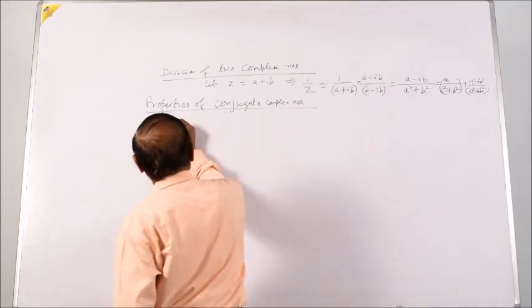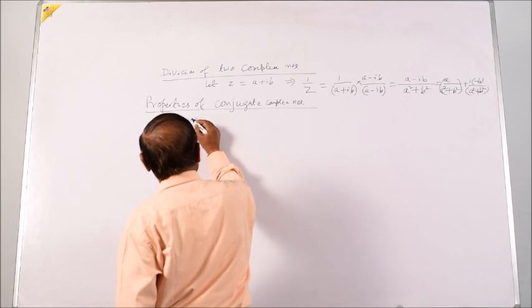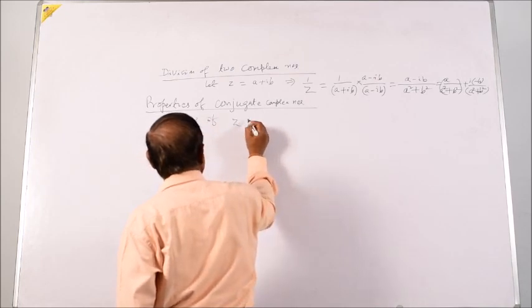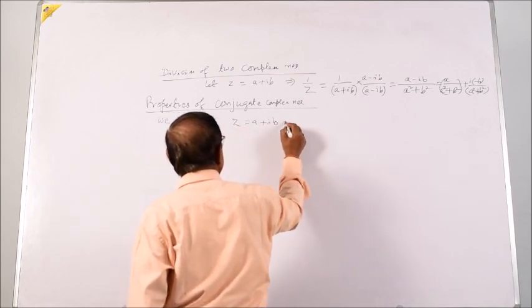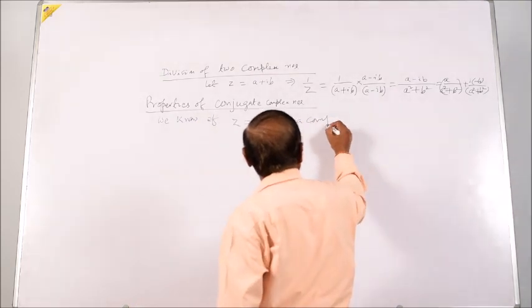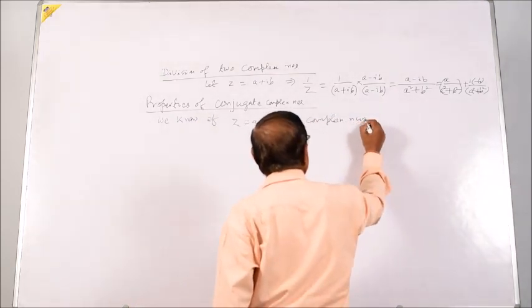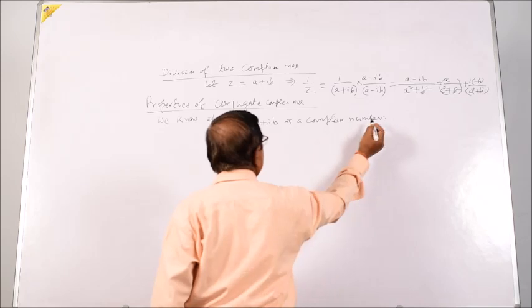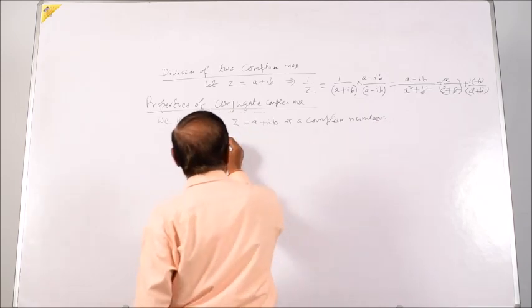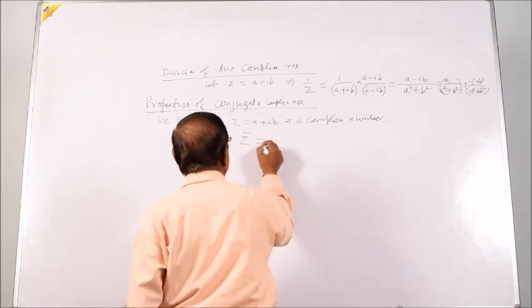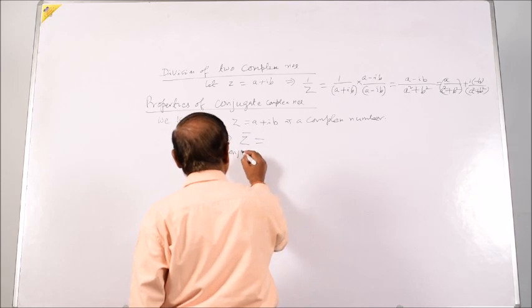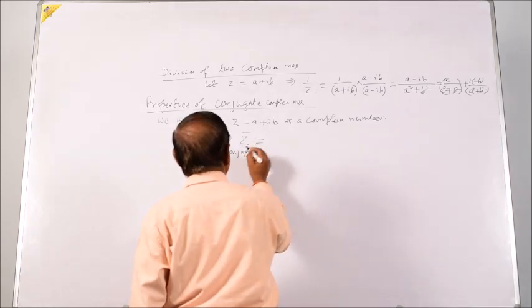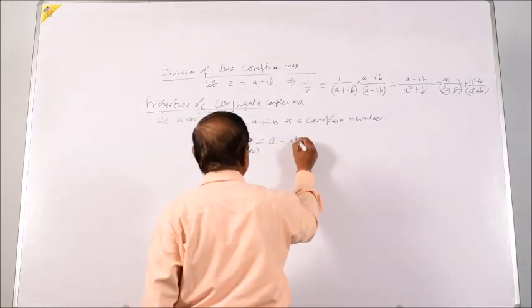We know if Z is equal to A plus IB is a complex number, that implies Z bar, its conjugate of Z, is A minus IB.